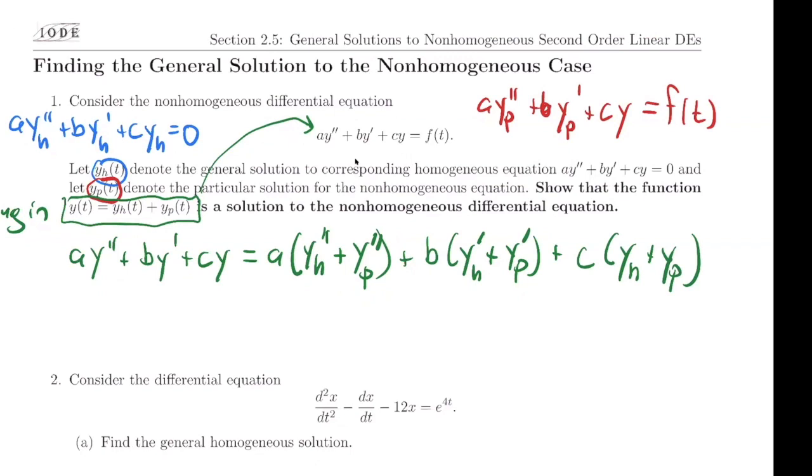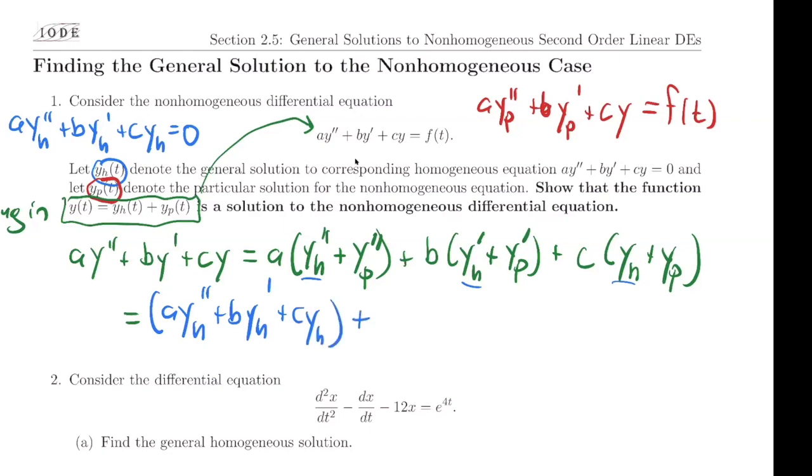And then what do you think might be a good idea to do next? Separate them so all of your homogeneous and non-homogeneous parts are together. Yep, so we'll bring all of the h terms together. That would mean we would have A times this plus B times that plus C times that.